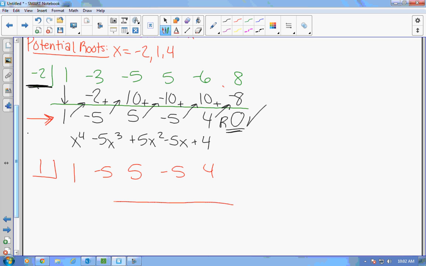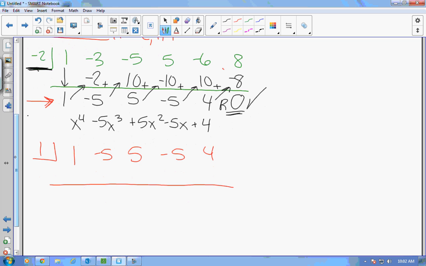We do synthetic division again. Can you do that by yourself? Work on the synthetic division. We're using now the x to the 4th power. Add the column times the diagonal by the box.